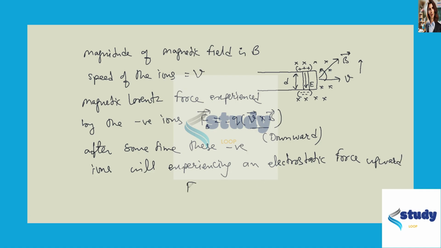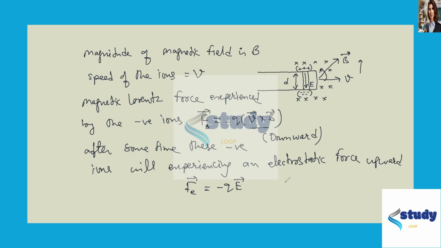So that will be given by Fe is equal to minus Q E. So in equilibrium, when these two forces become equal, no further ions will move up or down.